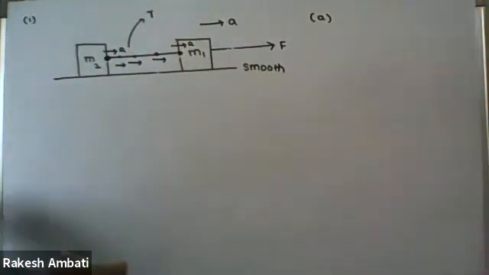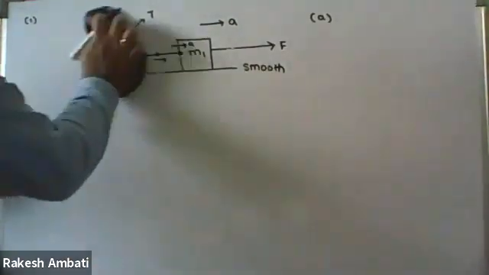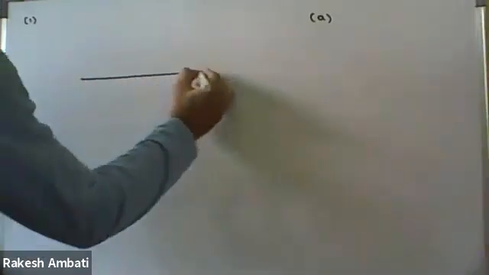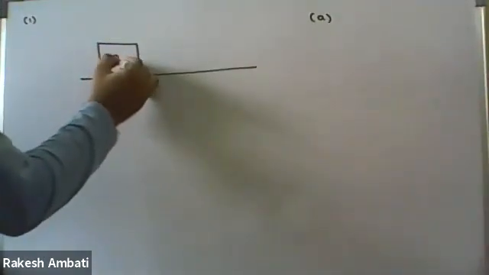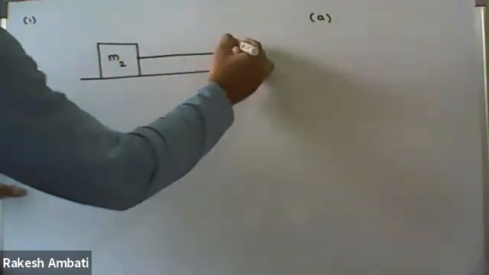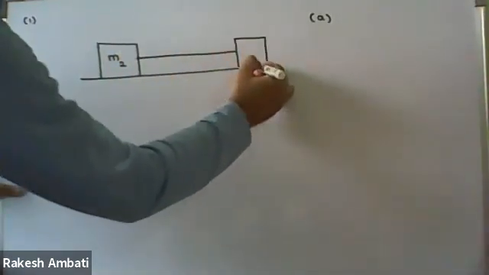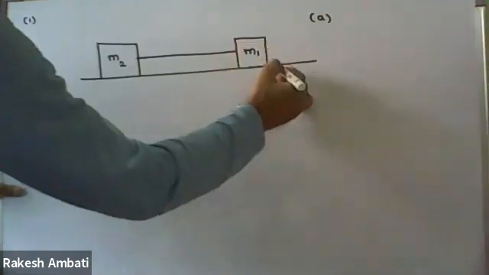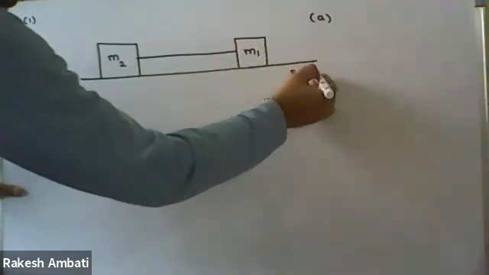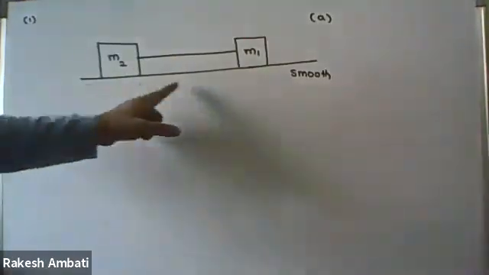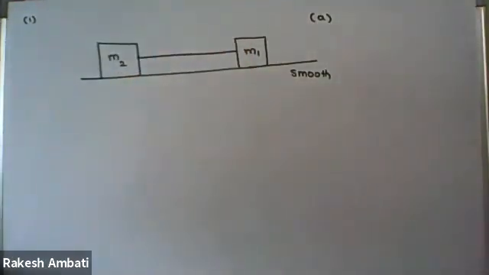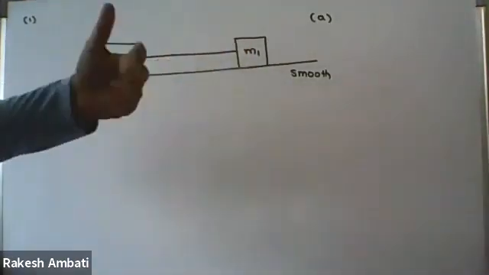So simply here, as for numericals, please note down this block of mass m2, then this block of mass m1, and we are taking a smooth surface. We will repeat all the cases when the surface is rough in the next chapter, the friction chapter. The same question will be repeated.